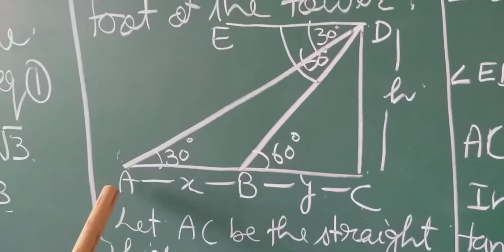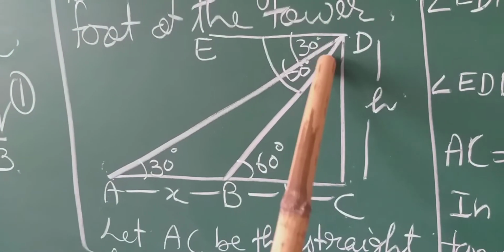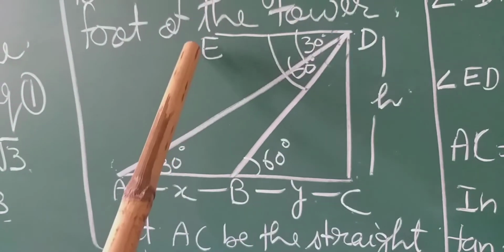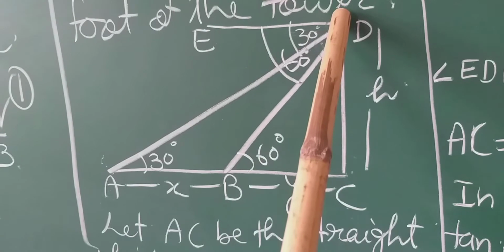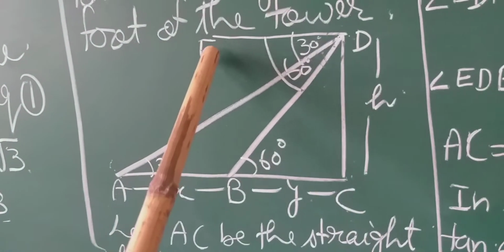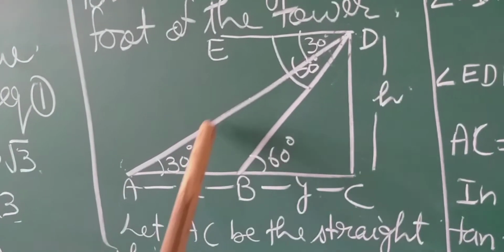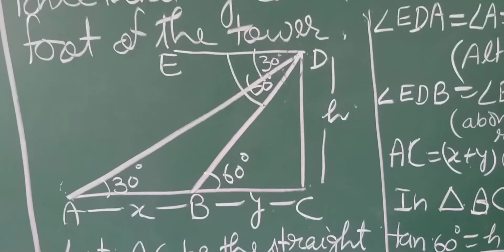So let's say the car is at A and the person is standing here on the top of the tower, and the angle formed by the eye of the observer to the car is 30 degrees, meaning angle EDA equals 30 degrees. Students, this is the angle of depression, it is given to us.